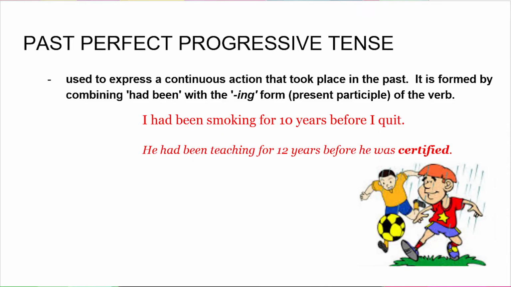Another one, he had been teaching for 12 years before he was certified. So, nagtuturo na siya for 12 years bago siya mabigyan ng certificate or mabigyan siya ng honor or mabigyan siya ng recognition or ma-certified. Okay?